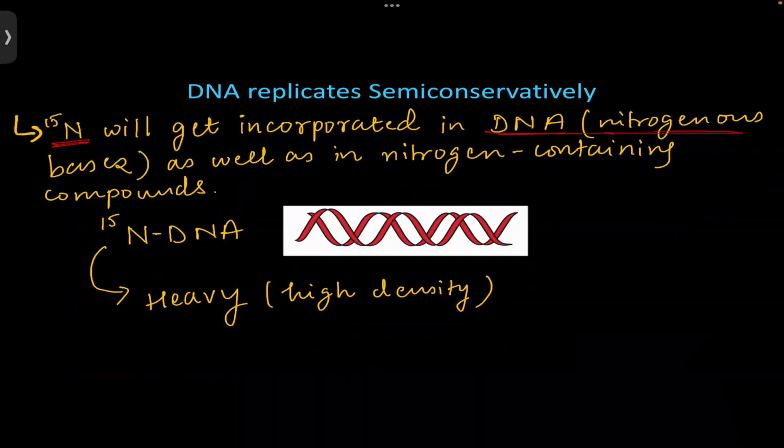We know a nucleotide has a nitrogenous base, sugar, and phosphate group, and a nitrogenous base consists mainly of nitrogen groups. Within these E. coli cells, N15 will be there in their nitrogenous bases, because of which the DNA molecule will be heavy, more dense than the normal one.